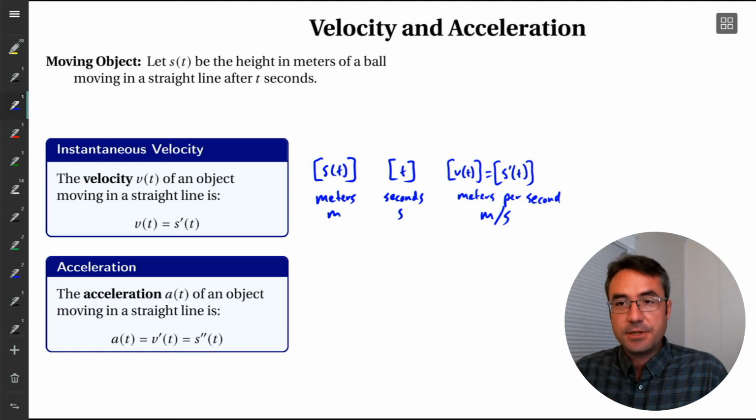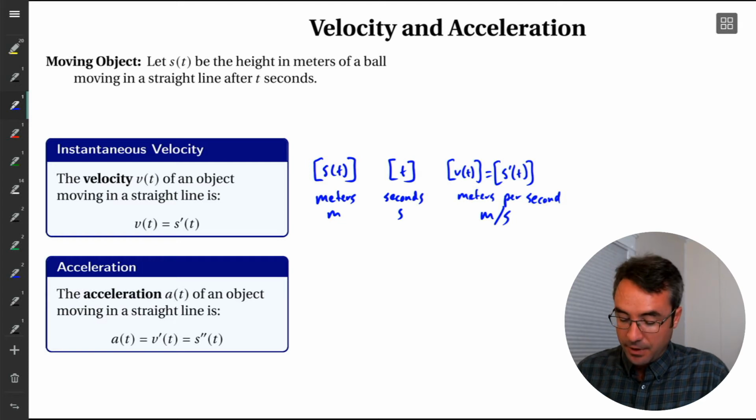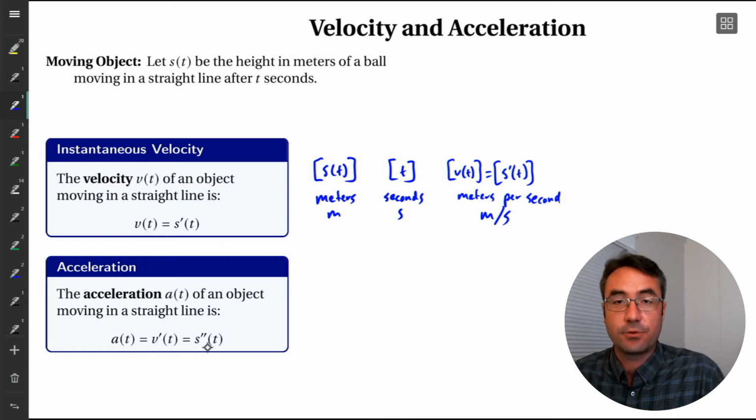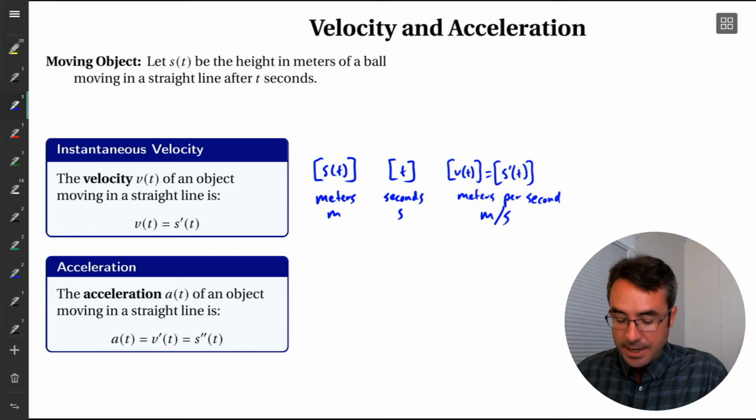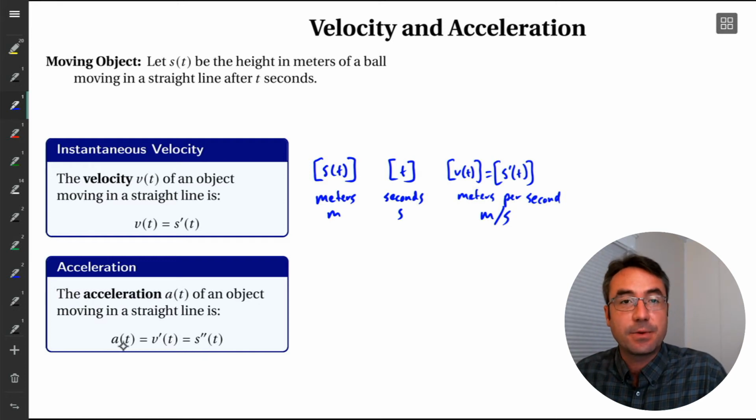Now, it turns out that the second derivative of our position function, s double prime, also has a physical significance: it's the acceleration. If we take the second derivative of our position function, that's just the derivative of velocity, and the derivative of the velocity function is acceleration.